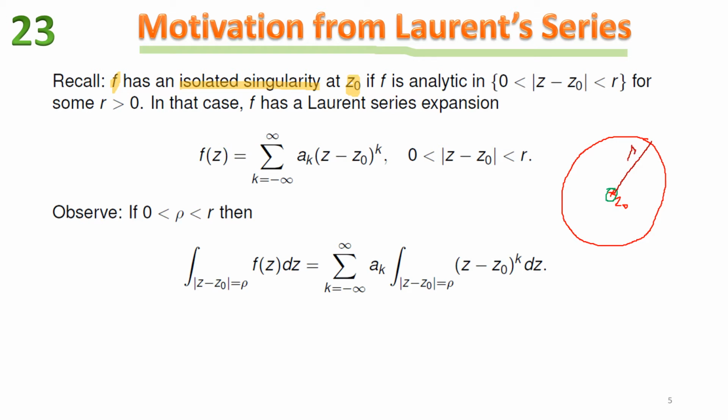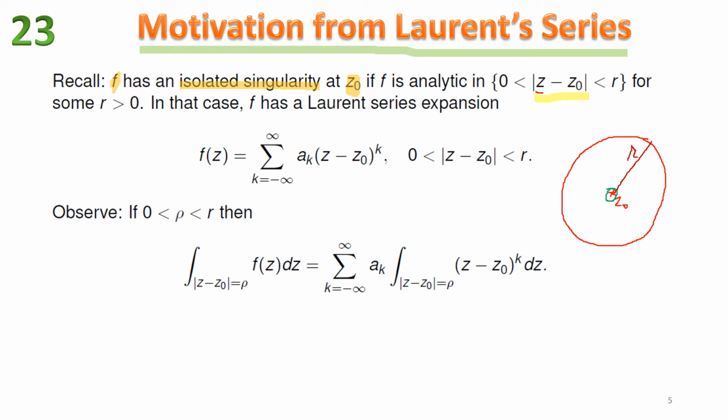And we are considering all those z which are lying inside the circle of radius r, such that mod z minus z0, that is the distance between 2 points, is between 0 and r.